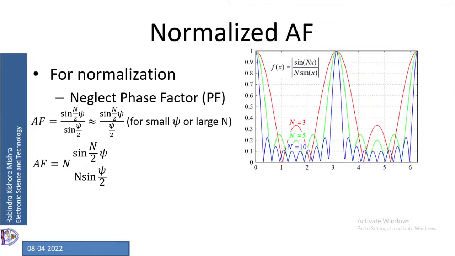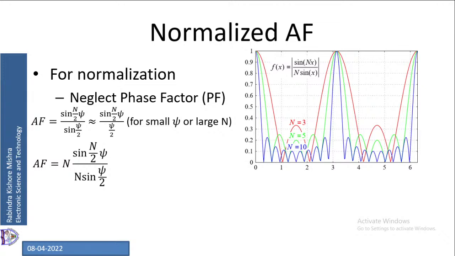If we plot this value, f(x) equal to sin(n theta) by n sin theta, where psi by 2 we take as theta, or sin(n alpha) by n sin alpha, the plot will be like this. The plot that you see on the right hand side will be the nature of the plot.